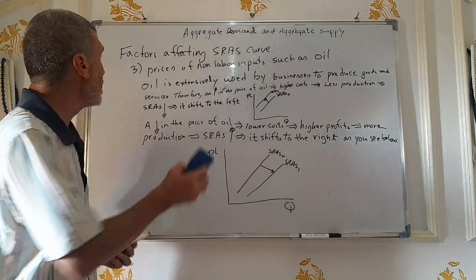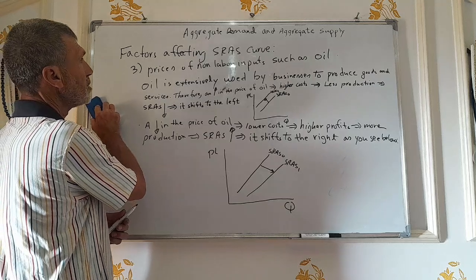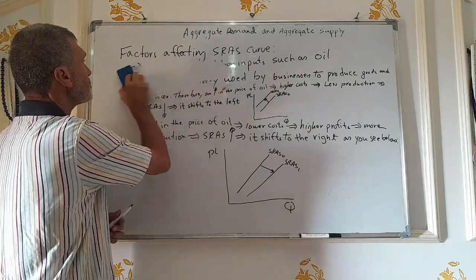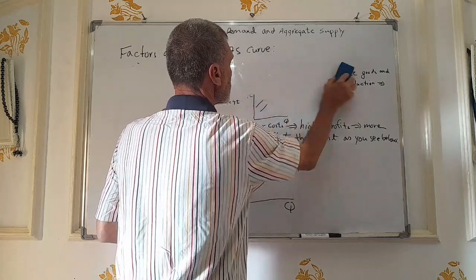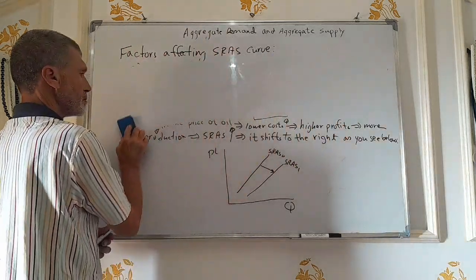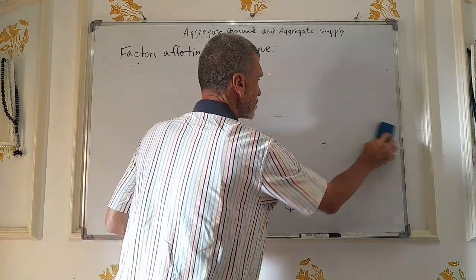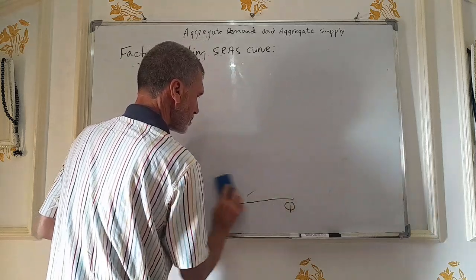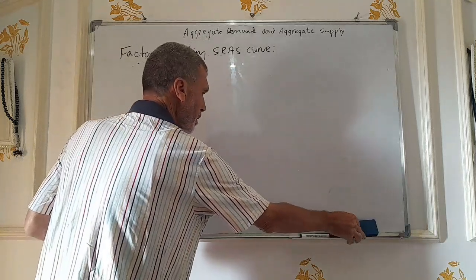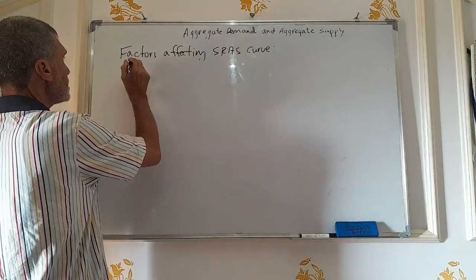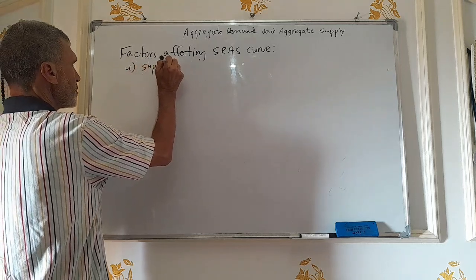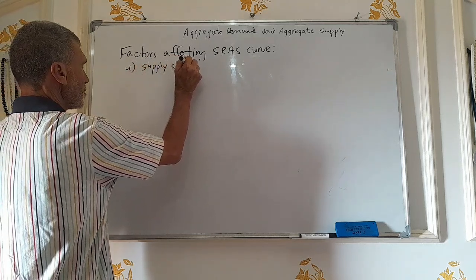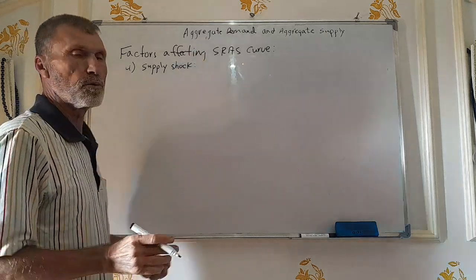Now, the fourth factor that can cause the short-run supply to change, that is, shift to the right or to the left, is of course supply shocks. What do we actually mean when we say supply shock?